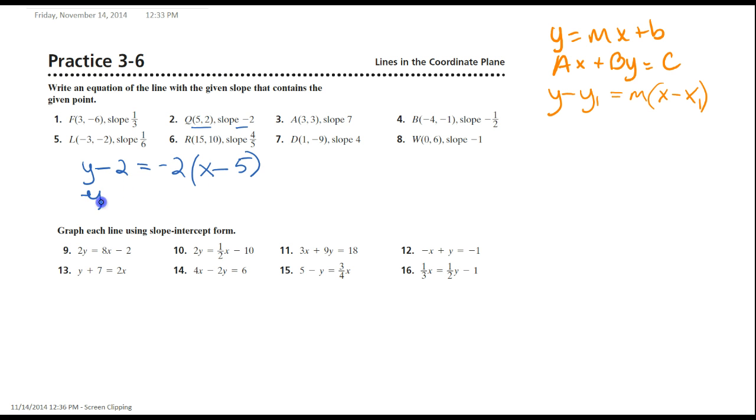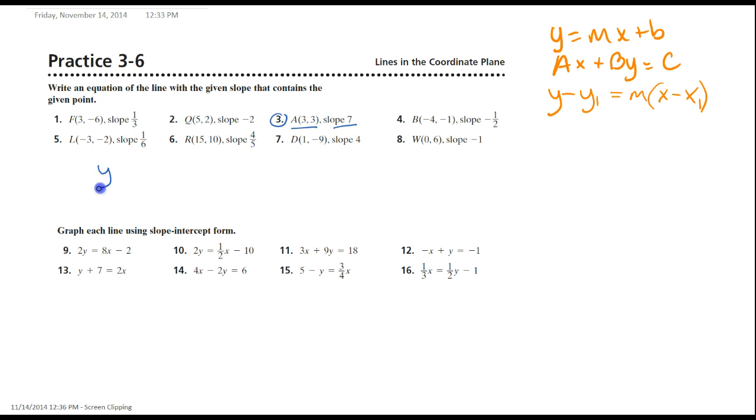Simplify this, and I've got y minus 2 equals -2x, distributive property, -2 times -5 is +10. Now I'll get y alone, and y all by itself equals -2x plus 12. Oops, plus 12.